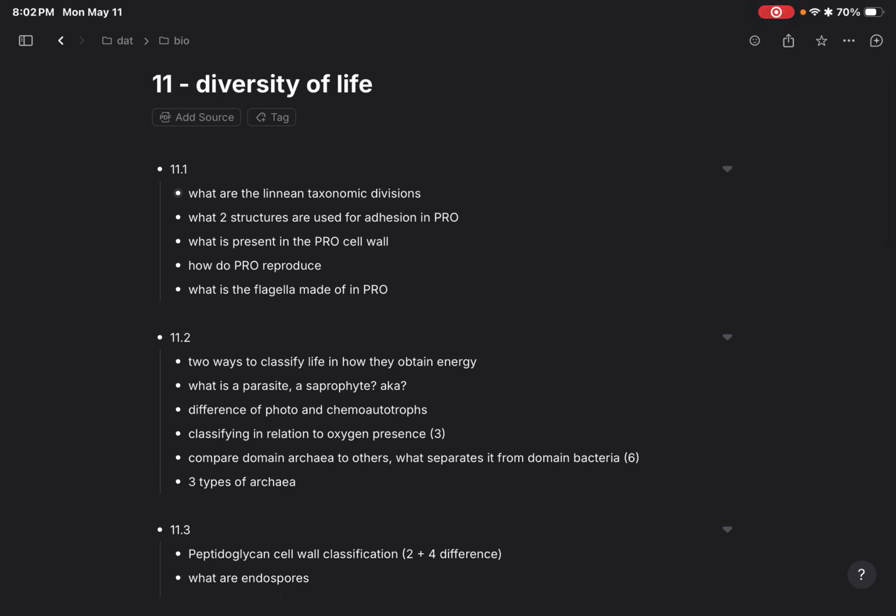So what are the Linnaean taxonomic divisions? What was the mnemonic? King Philip. So we have kingdom. I already forgot. King Philip.